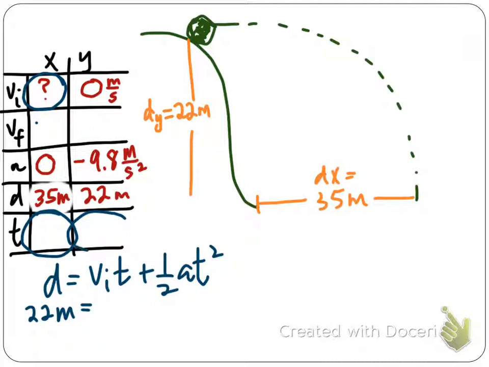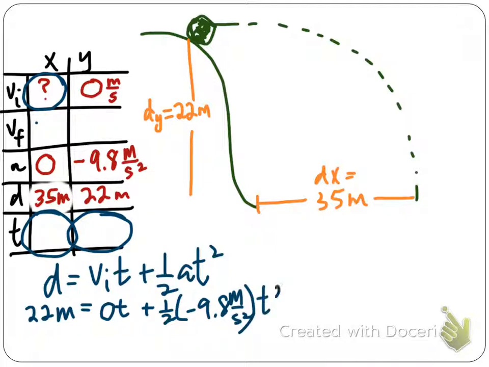Time in the Y and time in the X is equal. Okay, so I can say VI, that's 0 times T, plus 1/2 times negative 9.8 meters per second squared, times T squared.